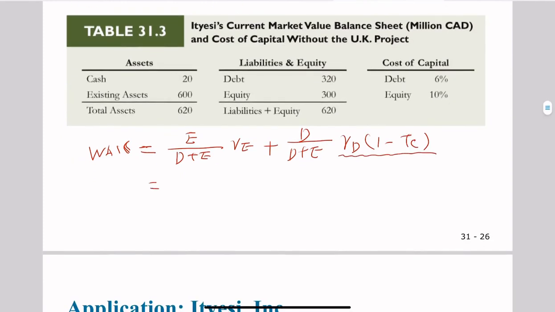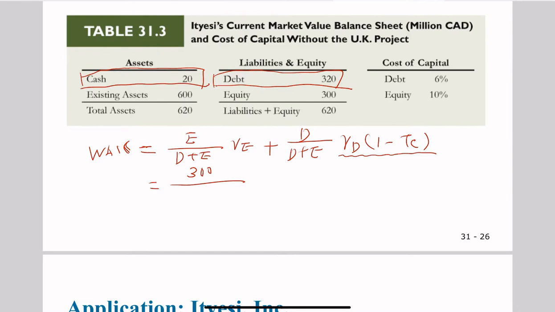So we have the firm's market value balance sheet here. What you can see here is the equity value would be $300 million. What is the market value of debt? Well, it looks like it's 320. But don't forget, this firm has cash. And whenever you're calculating WACC, you should use net debt.